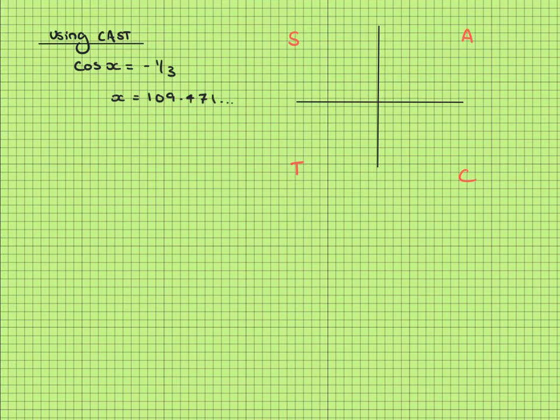But we're not solving for cos being positive, we're solving for cos being a negative value. Now, cos is negative in this quadrant here and this quadrant here. So of course you can see that the first answer is 109.47 degrees like that.